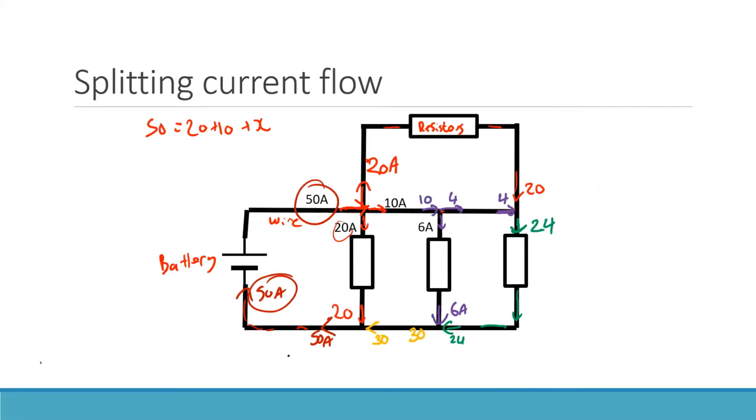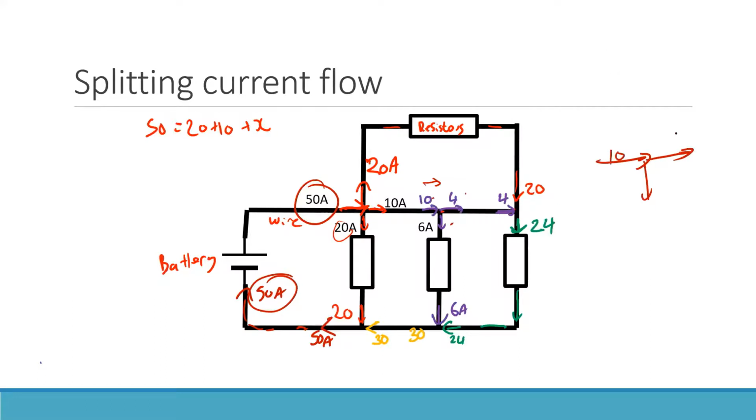If you know that the current is going from the left to the right, in this case it's going this way, you've got 10, that has to split into 6 and 4, because that makes 10. I could have just drawn that little bit there, just like this.